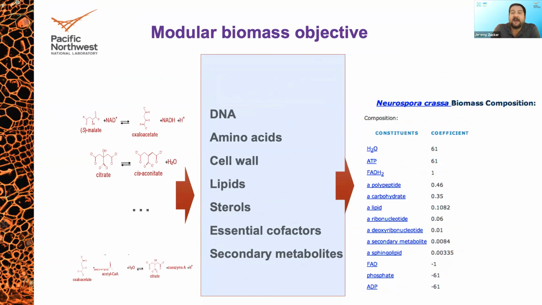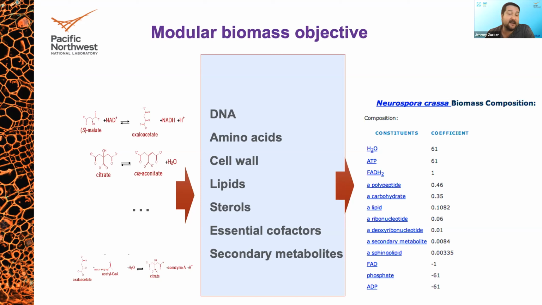Biomass modules were separately defined for DNA, amino acids, cell wall, lipids, sterols, essential cofactors, and secondary metabolites. This modular decomposition allowed for different goals and different applications of the model. For example, we know that wild-type biomass contains substantial amounts of secondary metabolites, such as sphingolipids, ergosterol, and carotenoids, which gives Neurospora its characteristic orange color.